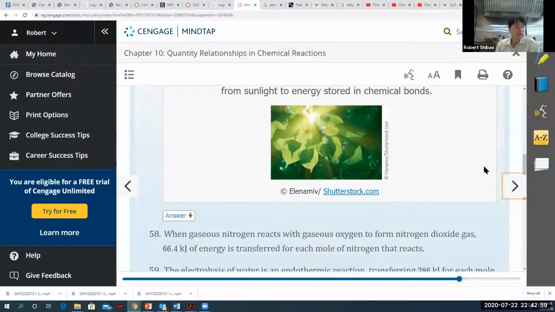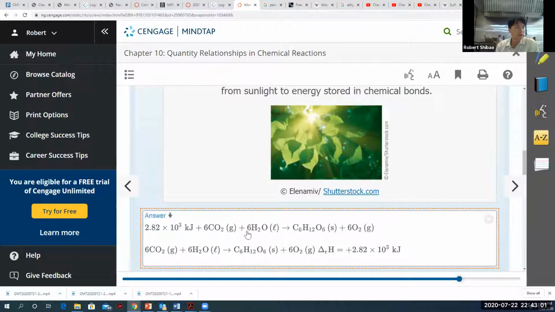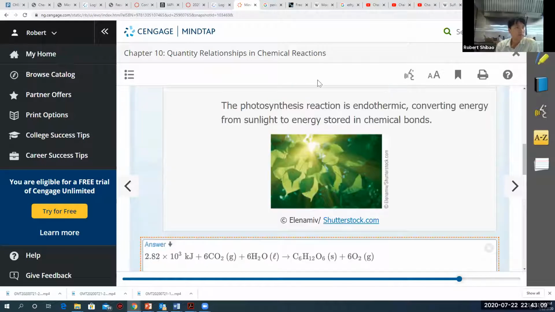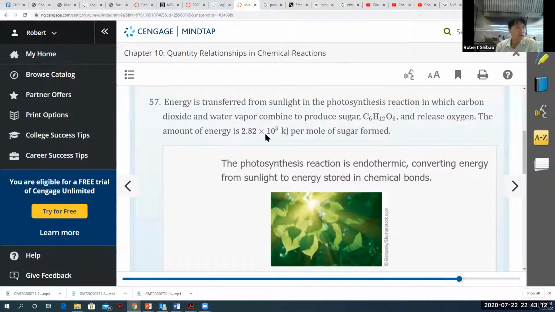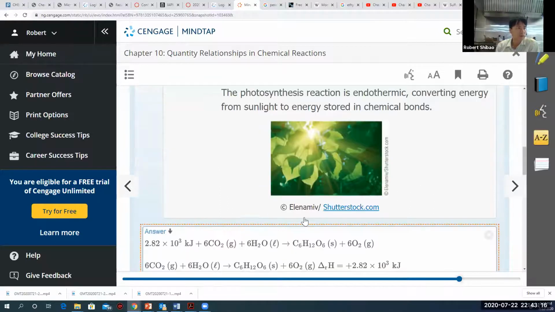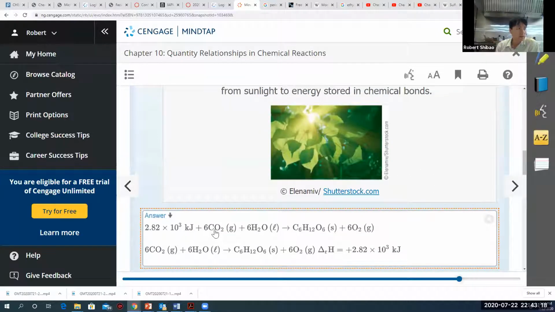Now, when we balance this equation, there are two ways of doing this. This is 2.82 times 10 to the third kilojoules per mole of sugar formed. And when we look at this equation, the balanced chemical equation is 6 CO2s plus 6 waters yields 1 mole, 1 sugar here.